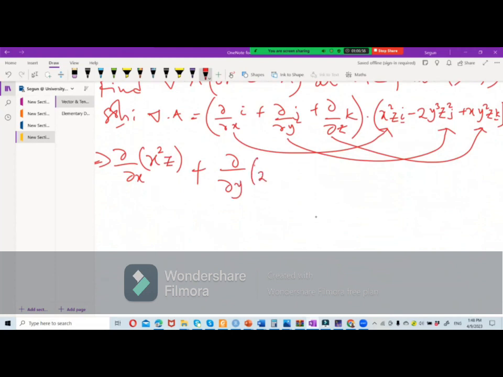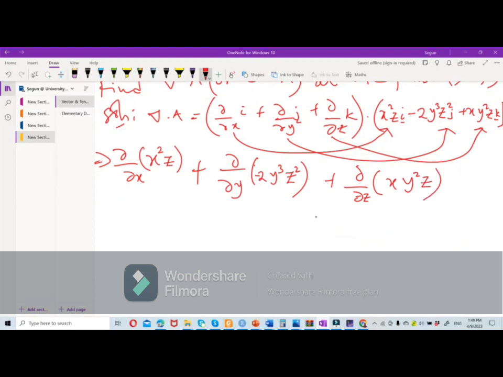So we have negative 2y cubed z squared plus xy squared z. Now let's differentiate this one. You have 2xz minus, because of this negative, we have to differentiate y here, you have 6y squared z squared.